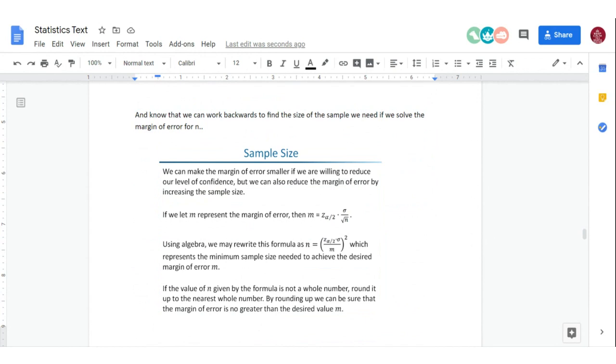It's sort of like the z-score, the backwards z-score. So what that n essentially means is the size of the sample we're going to need. So you would have to be given the confidence level, you would have to know what sigma is, and you'd have to know how accurate you want it to be, which is what m is.